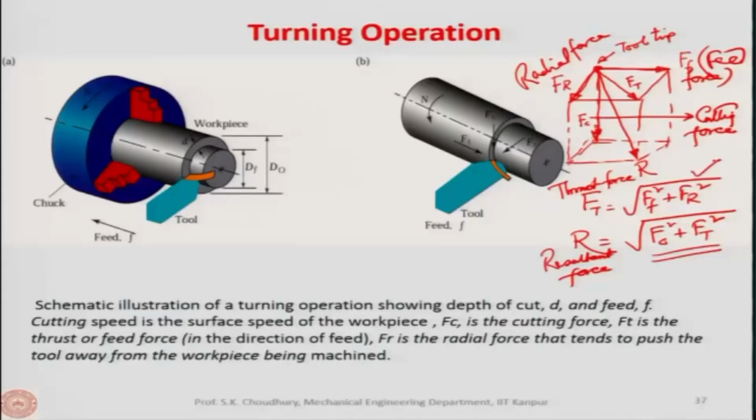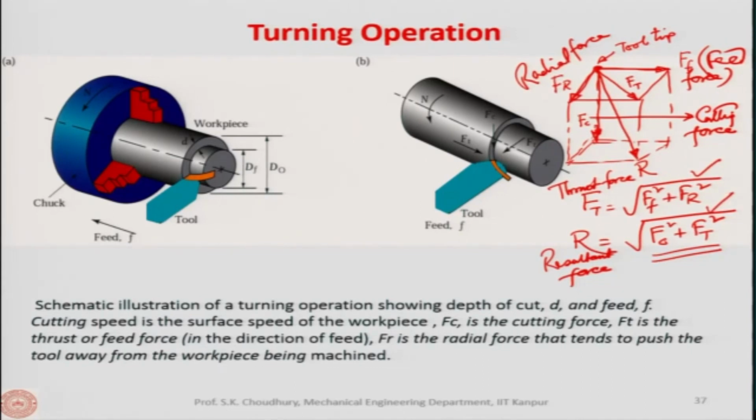Okay. So, particularly in the case of turning that we are discussing, the dynamometer will measure basically Fc and Ft. So, you have to determine Ff and Fr, in case it is required, analytically, in the sense that you know this is the formula, Ff square plus Fr square, and so on.